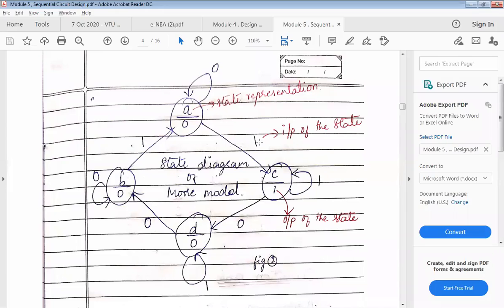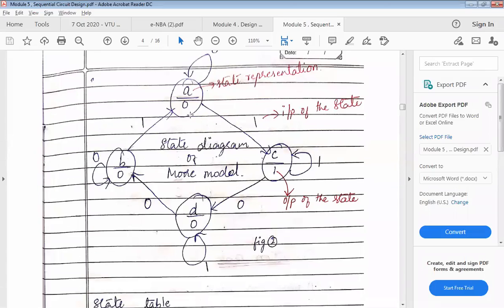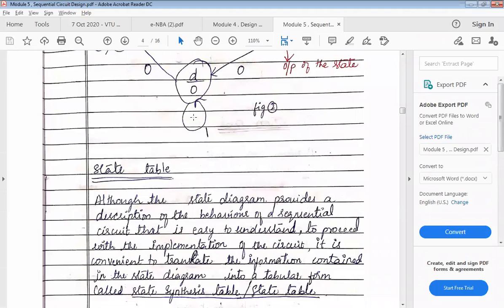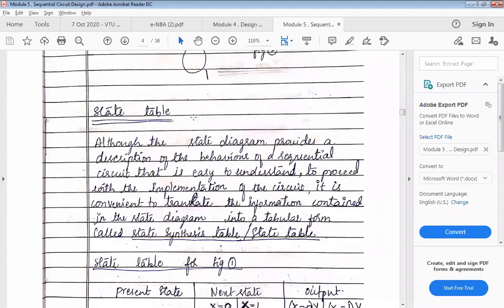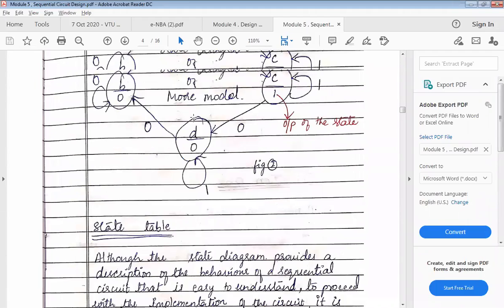I am only giving my inputs outside, and the denominator I am putting inside the circle. This is the output of the state, input of the state, and state representation. State representation is like state 1. For example, we saw 000, so that 000 can be state 1.